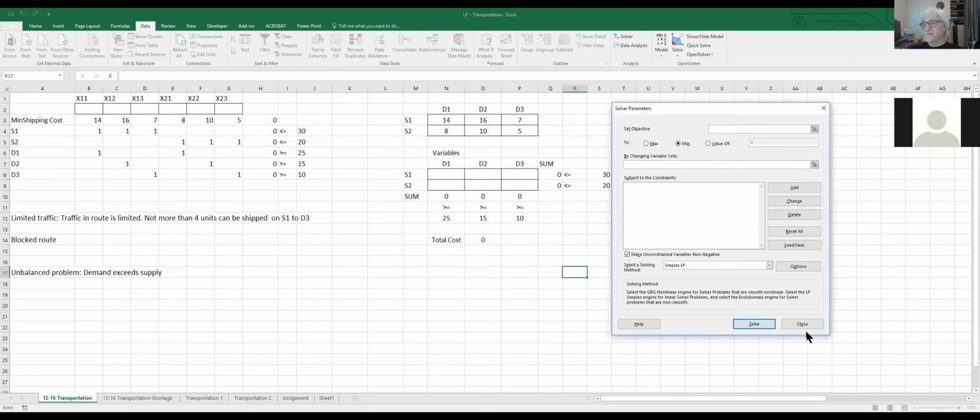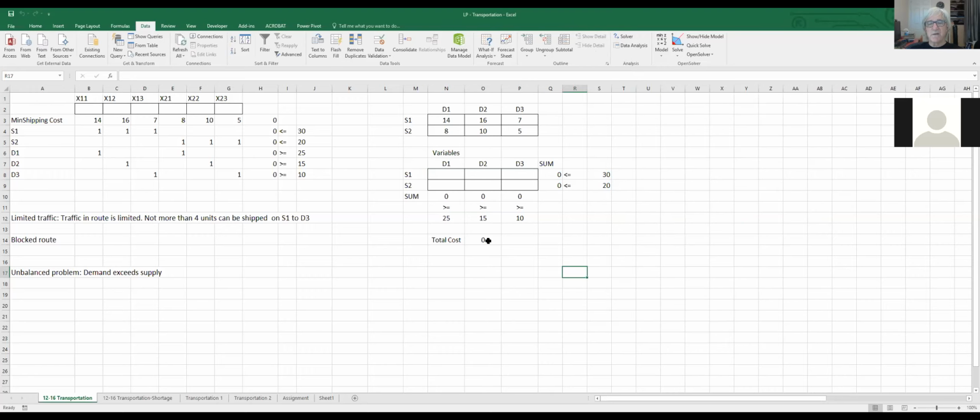Objective function. Okay, so the objective function, I forgot to say, it's here. For the objective function, use SUMPRODUCT. And the reason is it's the most convenient function. Instead of typing yourself, 14 times N8 plus 16 times O8 plus, and doing it 6 times, do SUMPRODUCT.